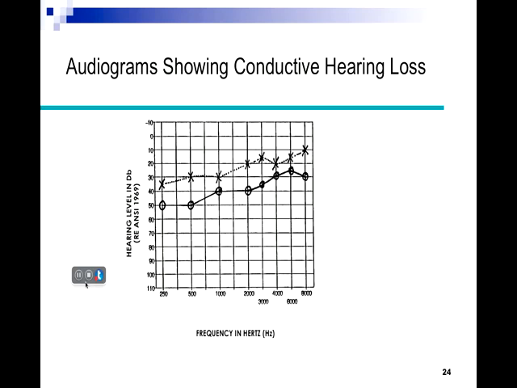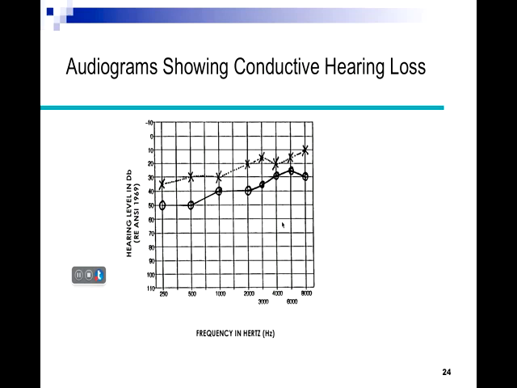This is an audiogram showing conductive hearing loss, and if you'll note, across the entire frequency spectrum, we're reduced at least 20 decibels. If you had earwax, for example, somebody would have to yell a little bit louder because the sound is not being properly conducted in. With conductive hearing loss, you'll see a decrease in all of the different frequencies, at least 10 to 20 decibels across the entire frequency spectrum.